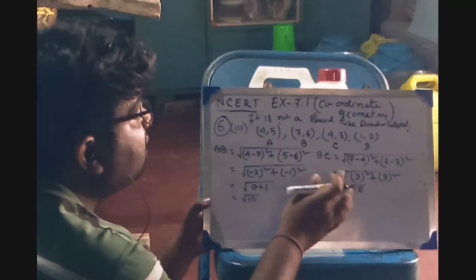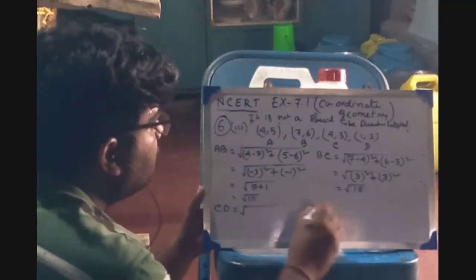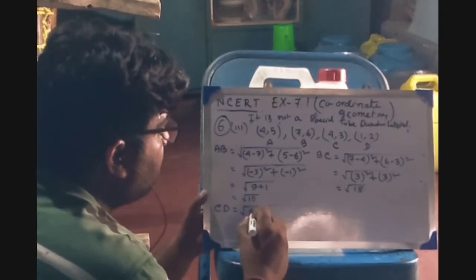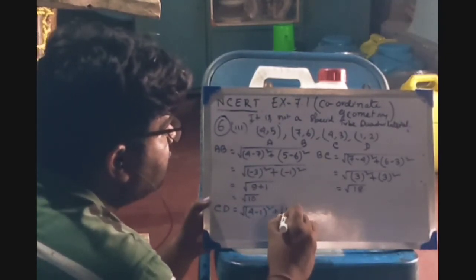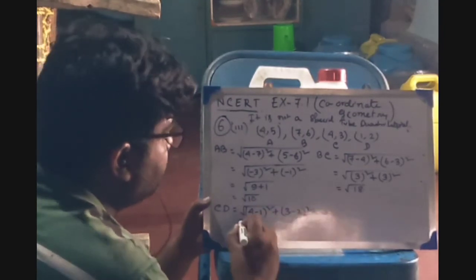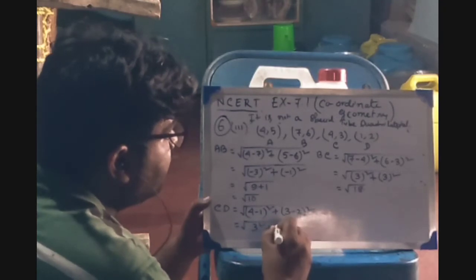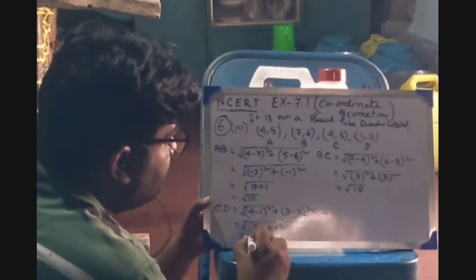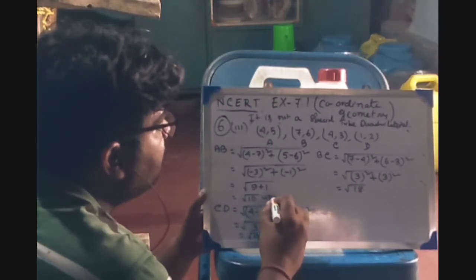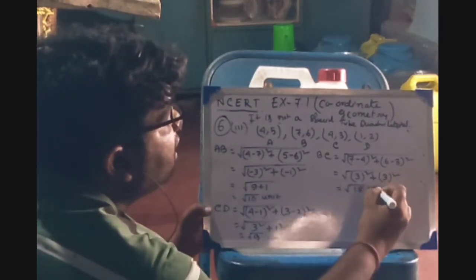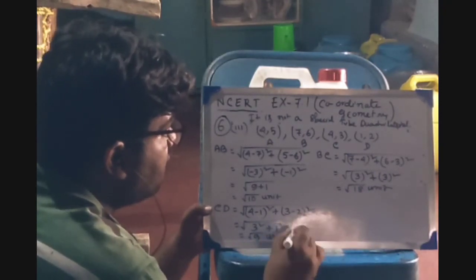Next CD equals root under of (4 - 1) whole square plus (3 - 2) whole square, which means root under of 3 square plus 1 square, which is root 10 unit. So AB is root 10 unit, BC is root 18 unit, and CD is root 10 unit.